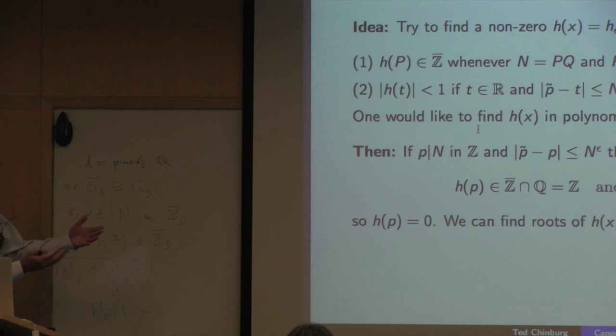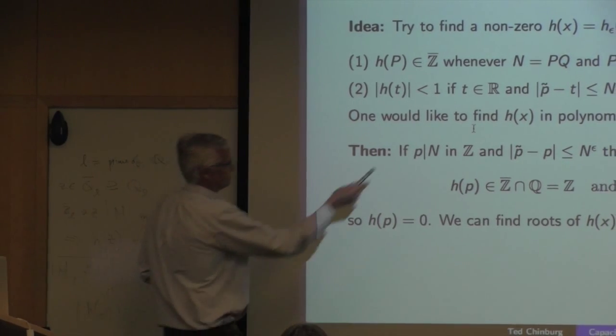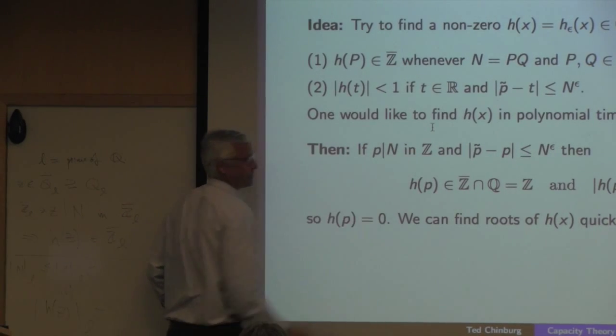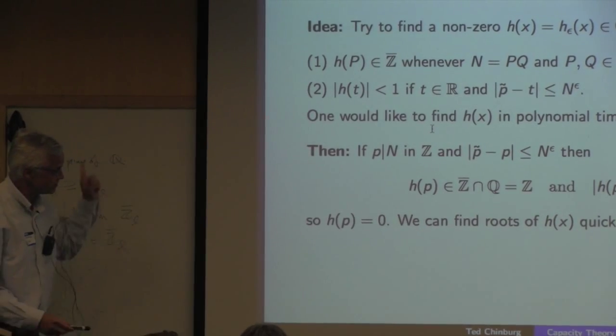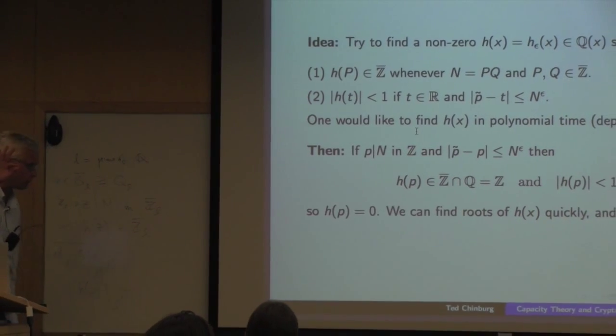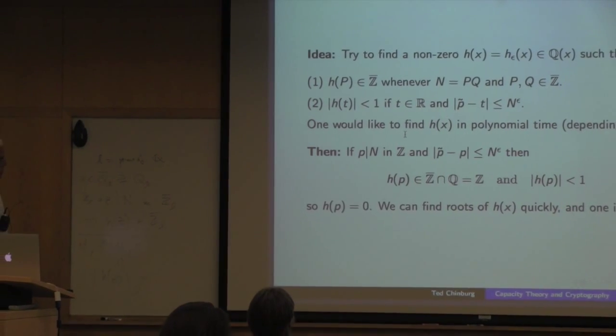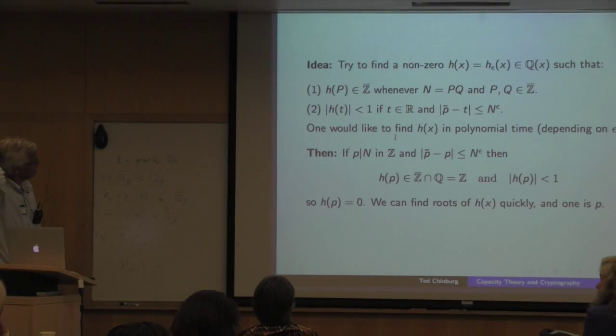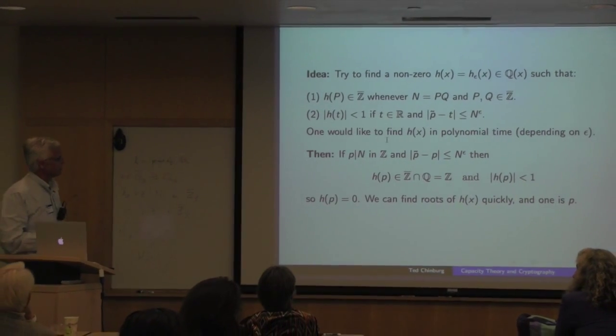Namely, you want this rational function to have Euclidean absolute value less than 1 on every real number that's within n^epsilon of P tilde. P tilde was the approximation we had to the divisor. So you need to find such an auxiliary rational function quickly.